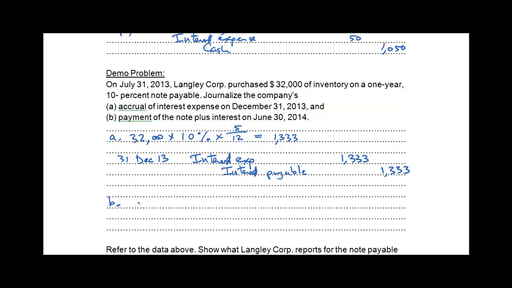So we're paying the note, which means the note payable has to disappear, and we'll do that by debiting note payable, and it was $32,000. And I suppose we should date this, eh? This would be 31 July 14. Okay, debit note payable. And we also have to make the interest payable go away.